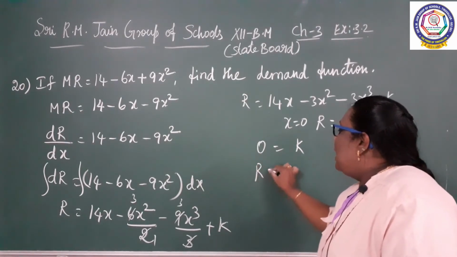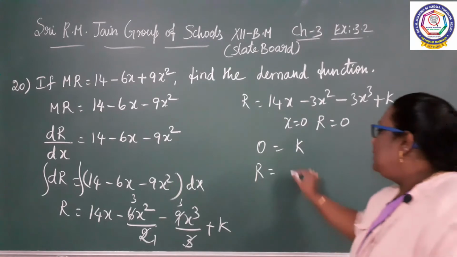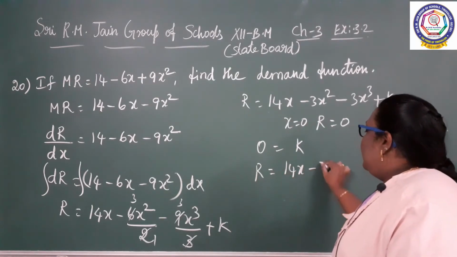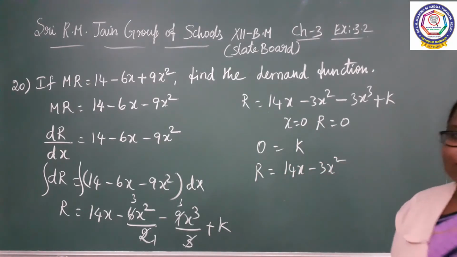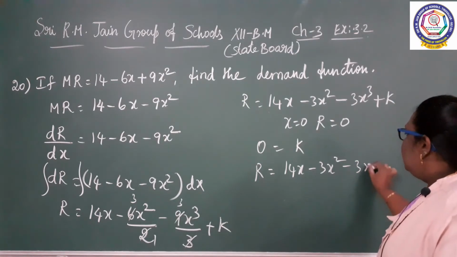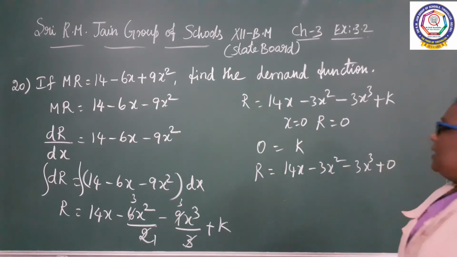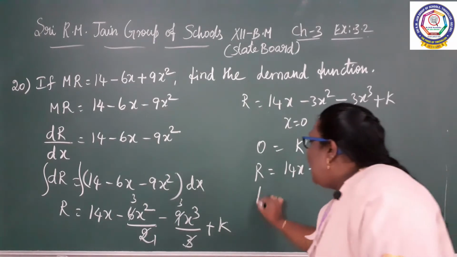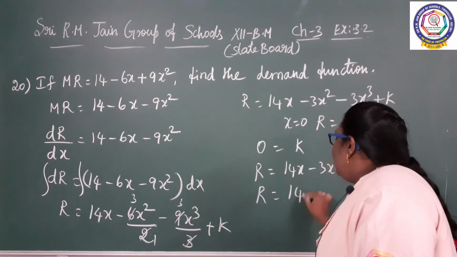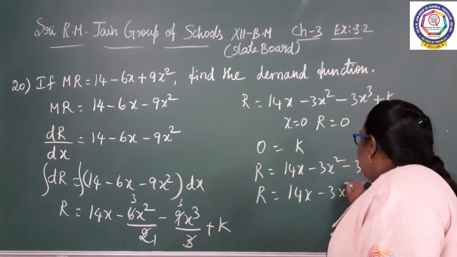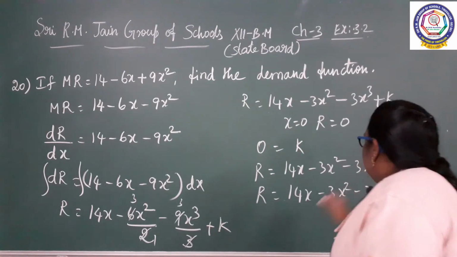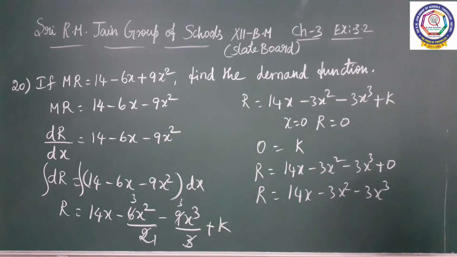Therefore R equal to 14x minus 3x square minus 3x cube plus 0. R equal to 14x minus 3x square minus 3x cube. Now, that is the demand function.